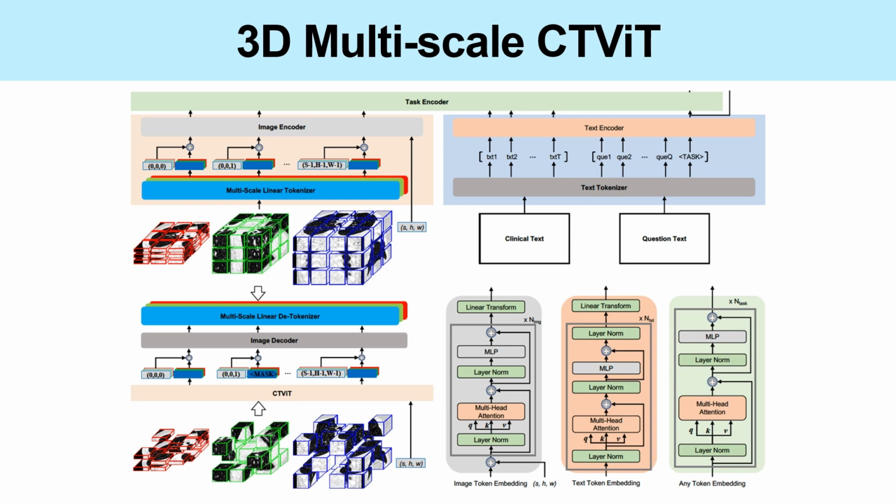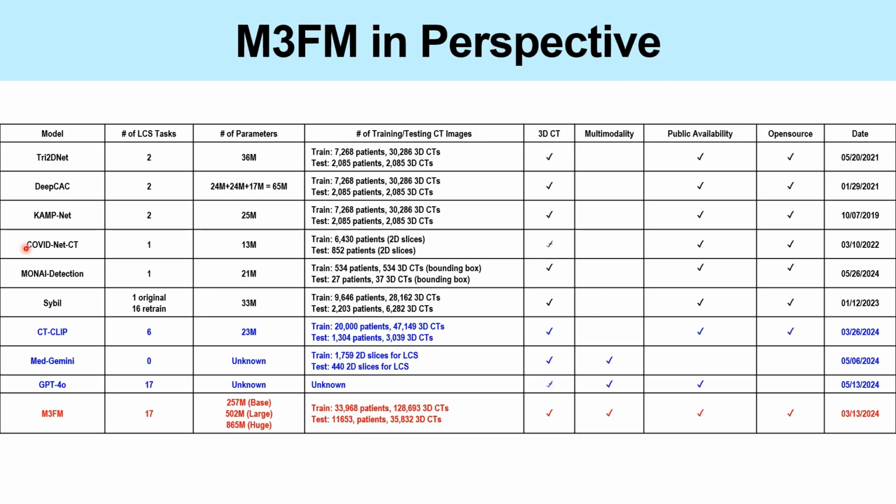This table compares our M3FM model against other models, and you see these blue models are really cutting edge, like GPT-4o and MedGemini. These are from big companies, as you know. And ChatGPT-4o is a generalist model, it can do many things, but it is not specifically trained in the lung cancer screening area.